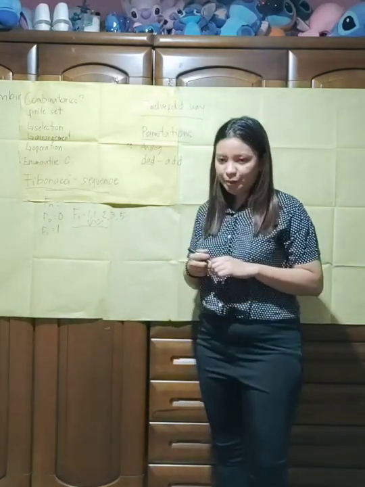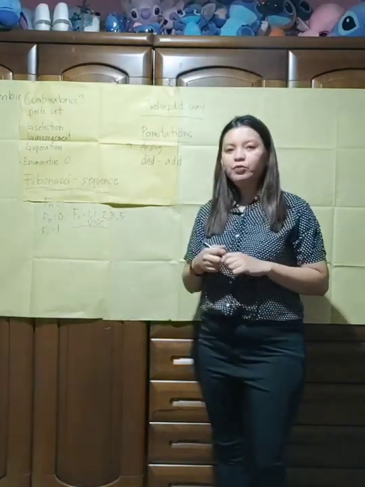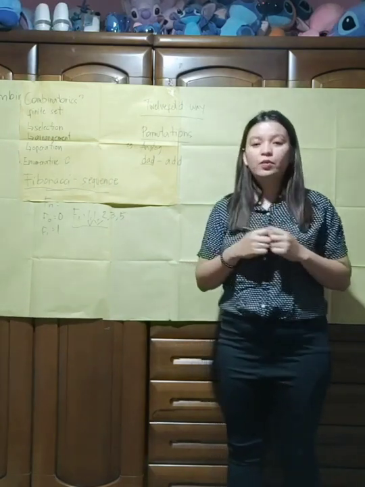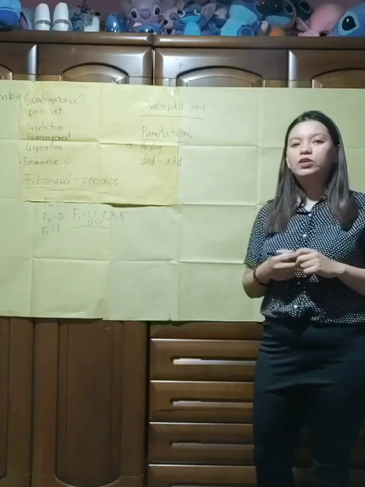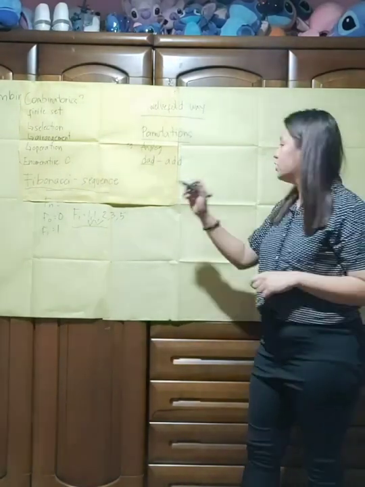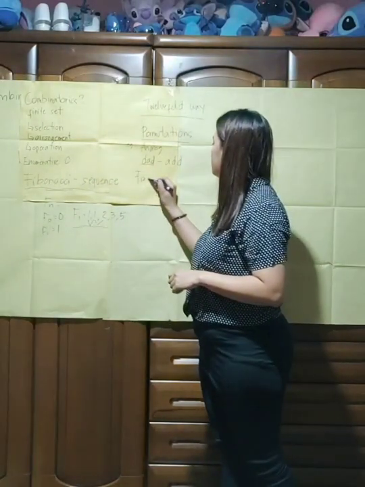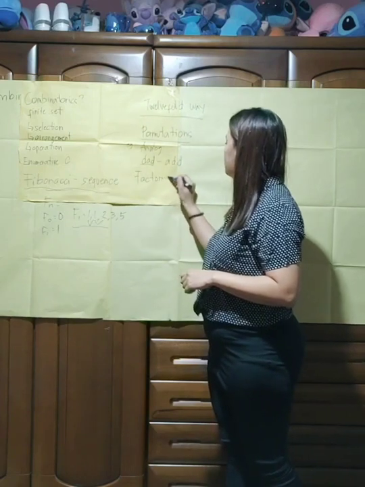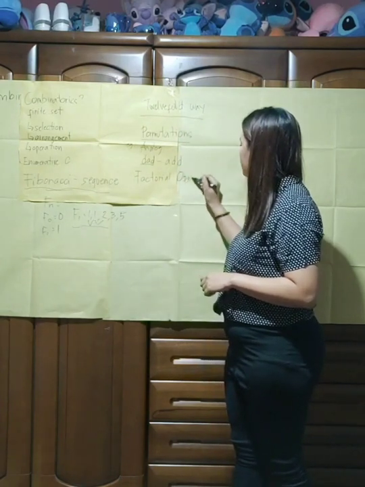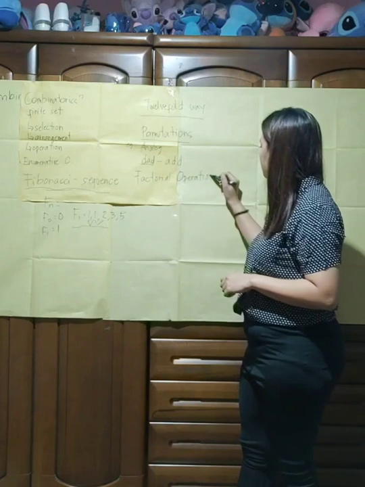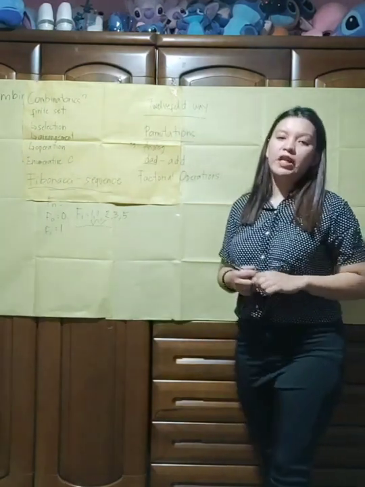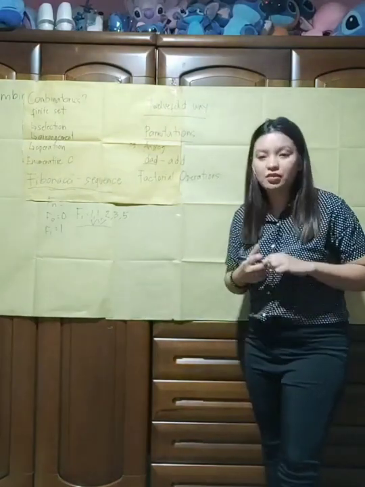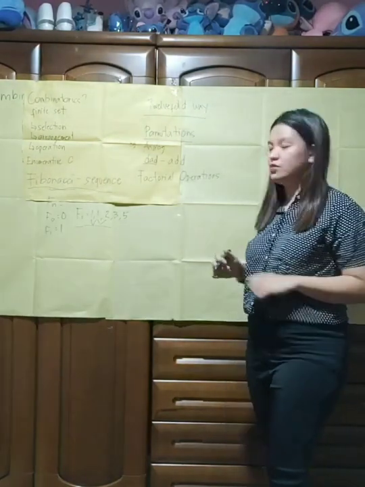Second is permutations without repetitions. The example is the factorial operation. Factorial operations count the possible distinct sequences.